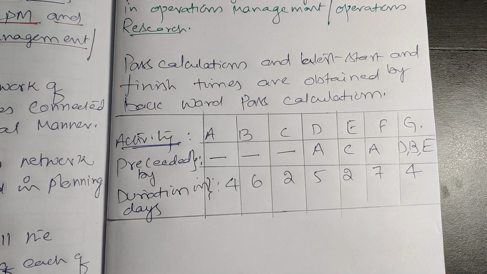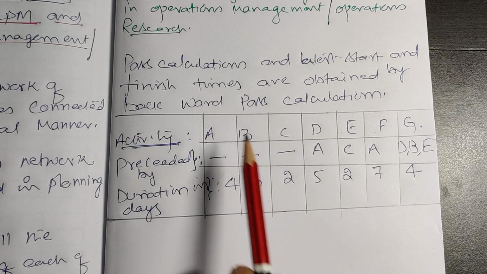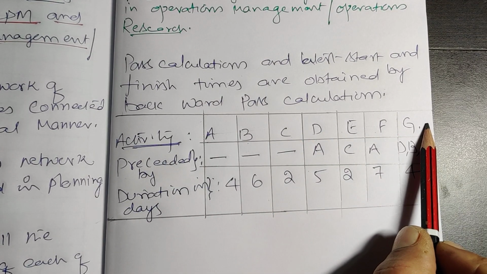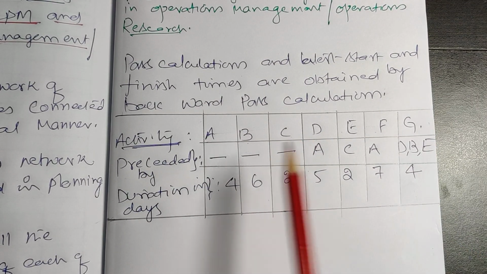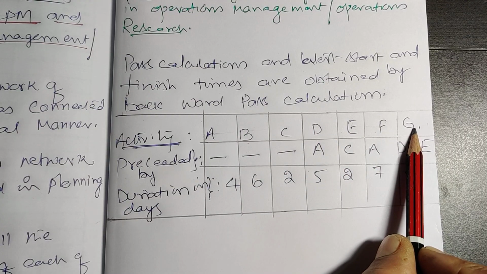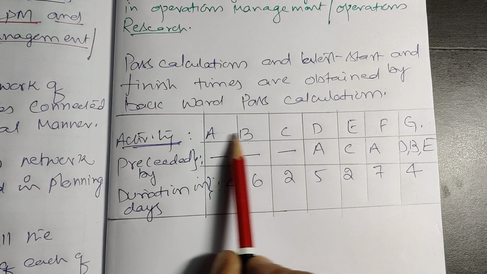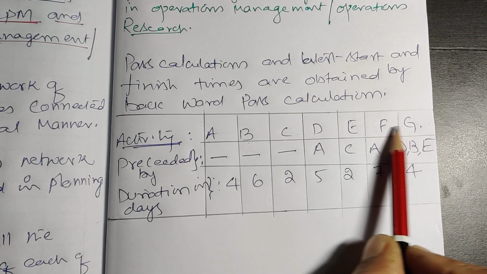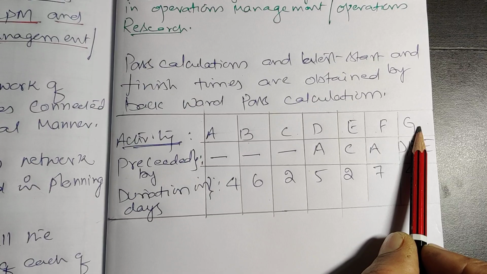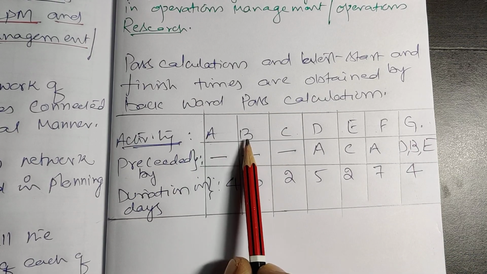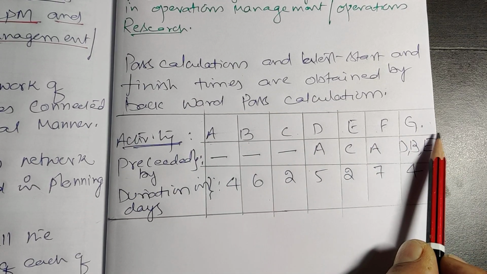What is the duration of each activity in days? So which points you have to keep in your mind when you are drawing a network? This first row will represent the number of activities which are involved in the given network. There are 7 activities, represented with A, B, C, D, E, F, G.